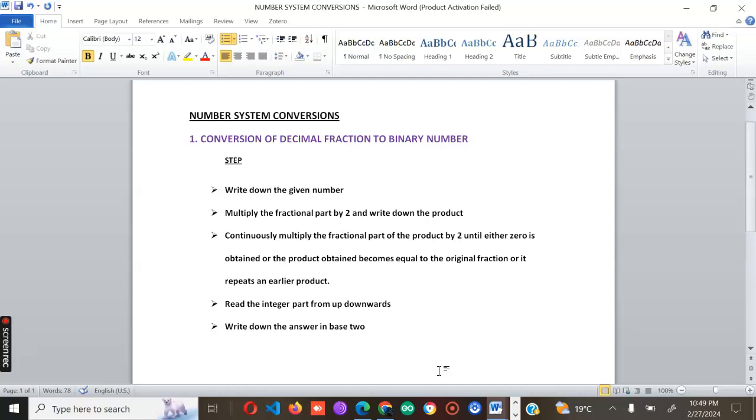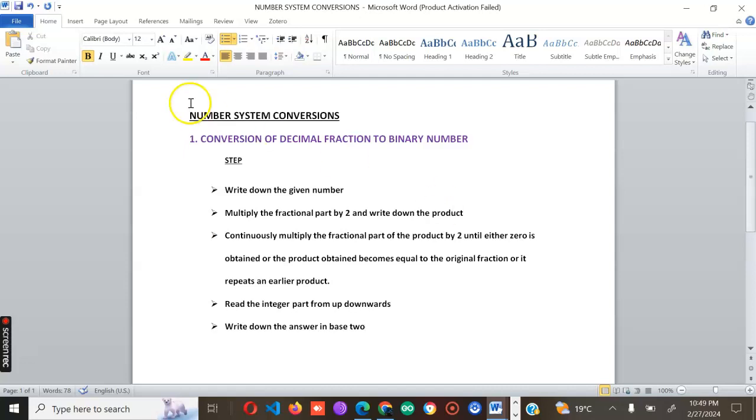Also remember that the integral and fractional parts of a mixed number are computed separately, especially when converting decimal to binary. You need to separate the two parts, work on each individually, then combine the answers.